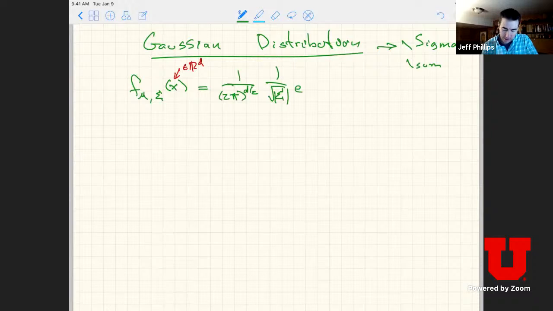Okay, and then the general part is the x. This is e to some power.